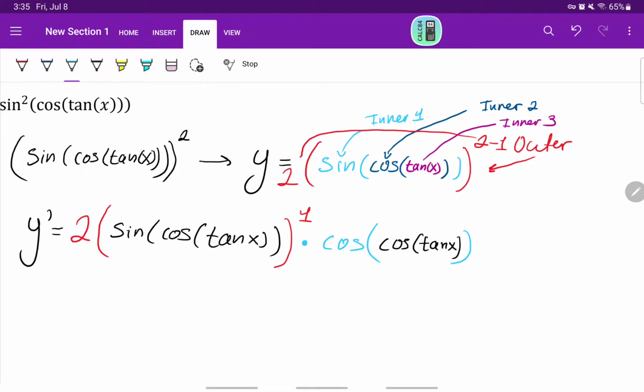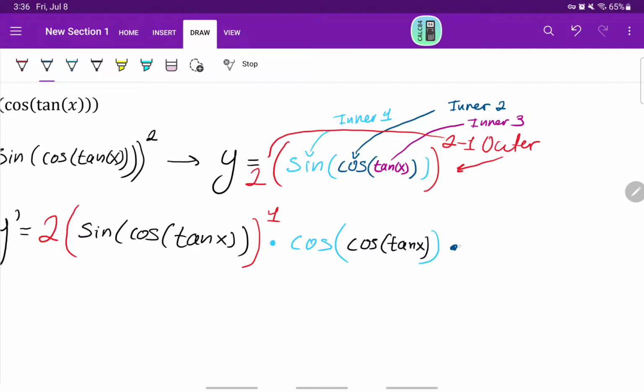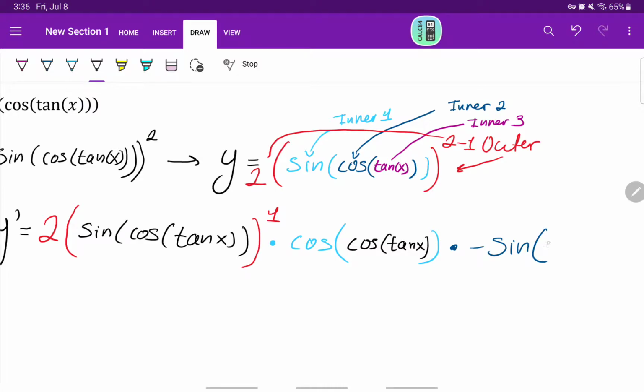That's going to be multiplied with the derivative of the second inner function. The derivative of cosine of x is negative sine of x. So that's going to be negative sine of tangent of x. But let's keep the tangent in black.